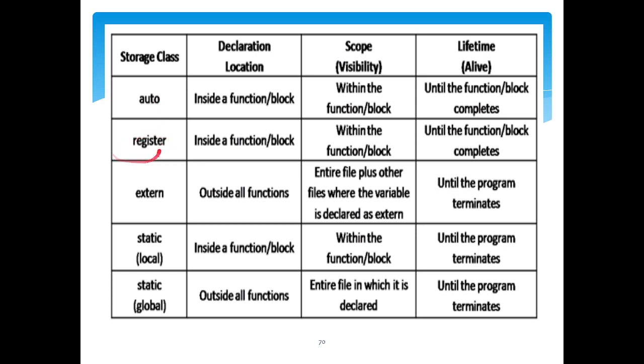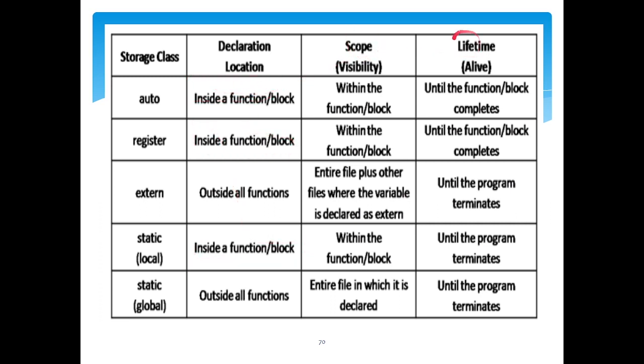Auto, register and static local you need to write inside a block or a function, whereas static global is outside all functions, and extern is also outside all functions.